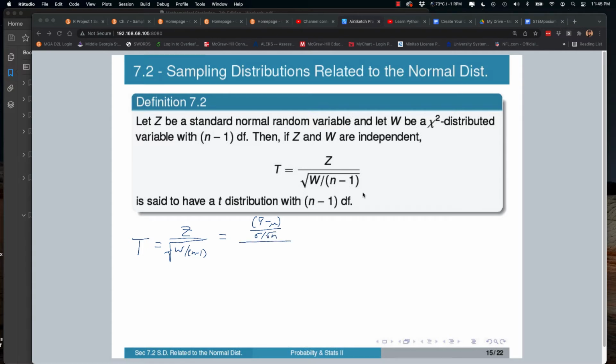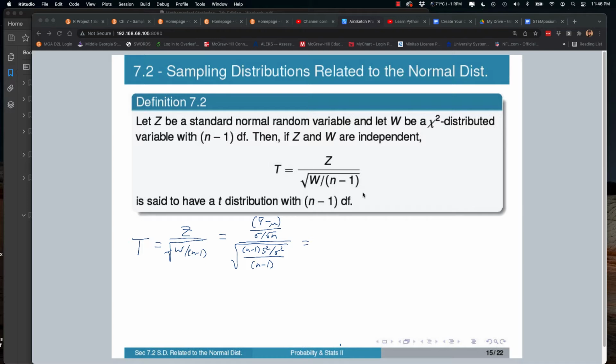And in the bottom, underneath that square root, w is a chi-squared distributed variable with n-1 degrees of freedom, so it matches the one we just learned about, the s squared. If you recall from that slide earlier, that's n-1 times s squared divided by sigma squared, and that's all divided by n-1. So some things are going to cancel out and clean up for us rather nicely.